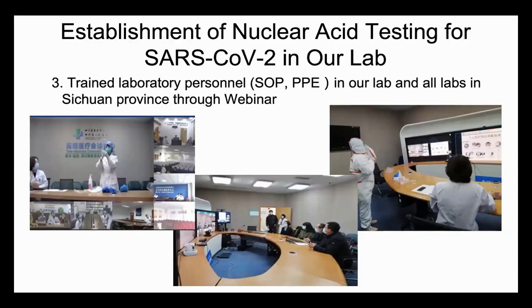Through these 3 steps, we established the nucleic acid test in our lab. Our molecular biology lab could run 300 tests every day, and we serve 24 hours for clinic every day.